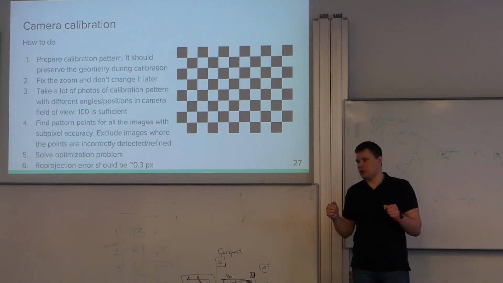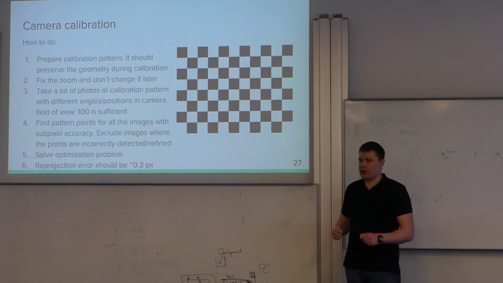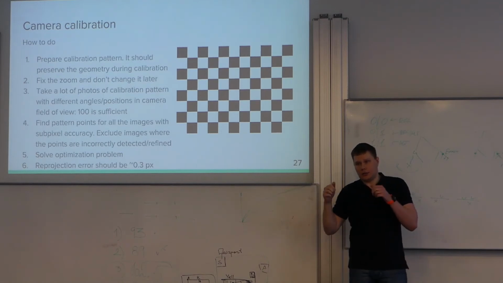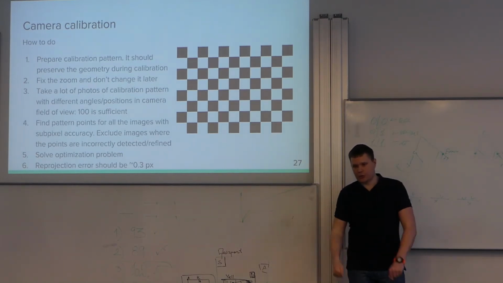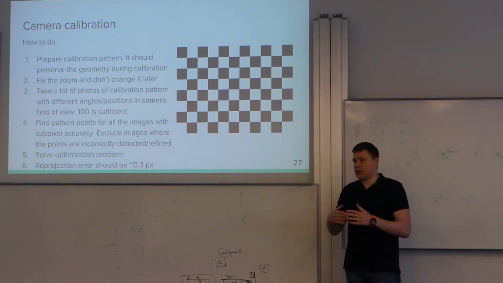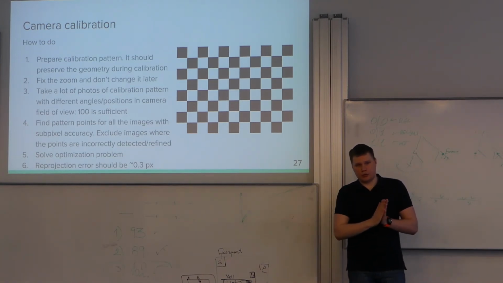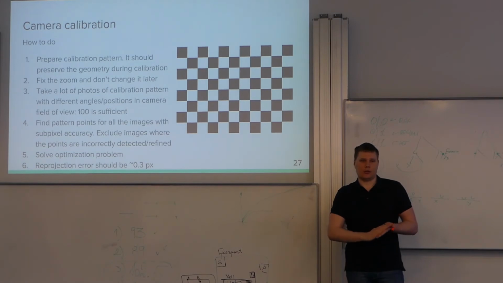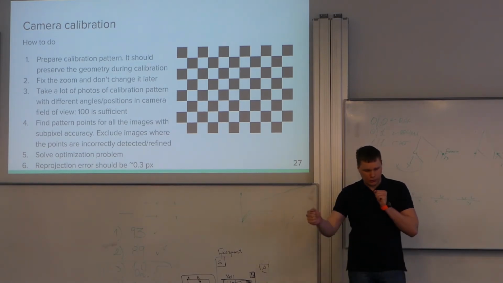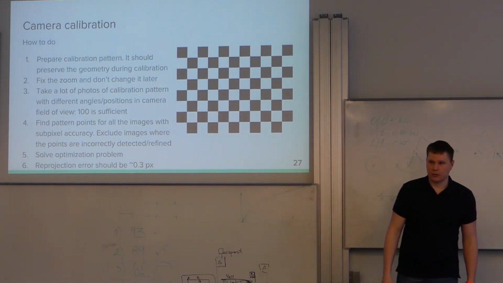It's not enough to just print this sheet of paper and try to show it to a camera. It's very flimsy, and it will influence our calibration process. So we need to better glue it to, or attach it to, some rigid and flat surface to preserve its geometry.